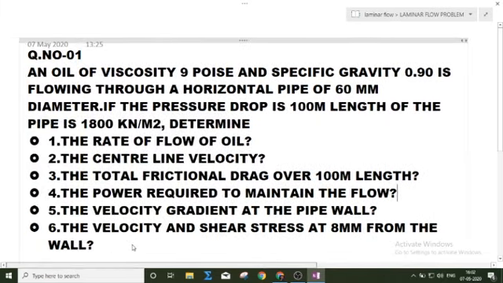So read the problem. What is exactly being said? An oil of viscosity 9 poise and specific gravity 0.9 is flowing through a horizontal pipe of 60 millimeter diameter. If the pressure drop in 100 meter length of the pipe is 1800 kilonewton per meter square, determine the rate of flow.